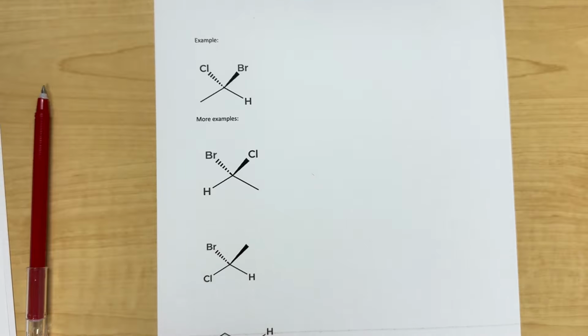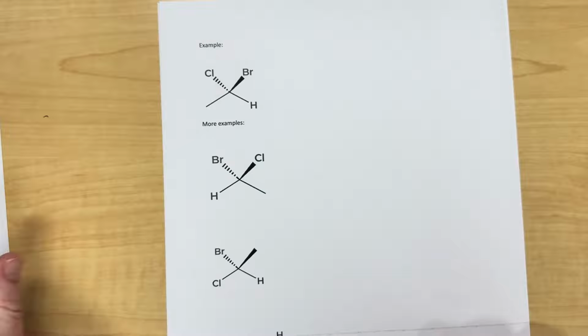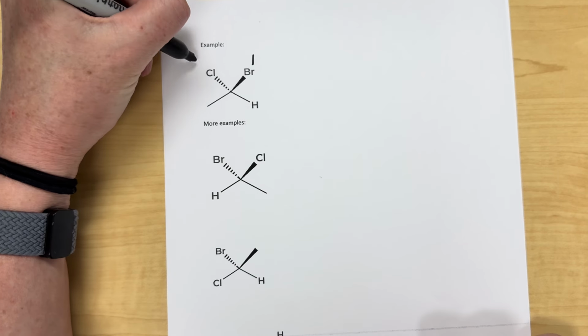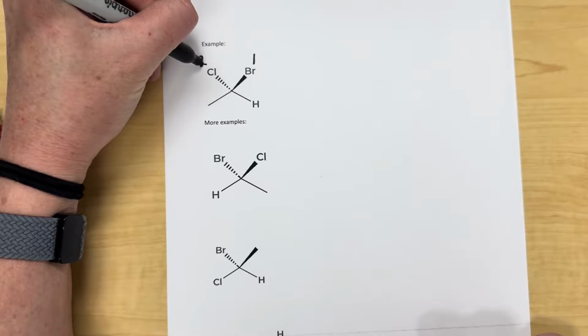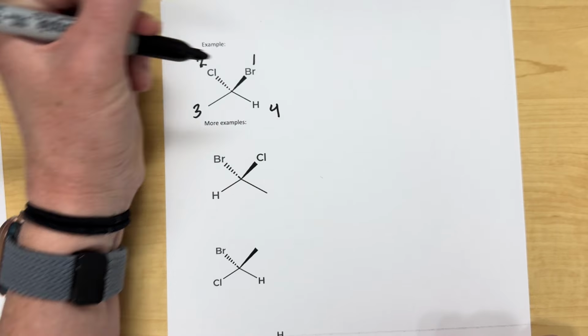So here, let's go ahead and assign priority to this sucker. So hopefully you agree. We've got a bromine, which is number 1. Chlorine's number 2, because its atomic number is higher than carbon's, which is number 3, and number 4.